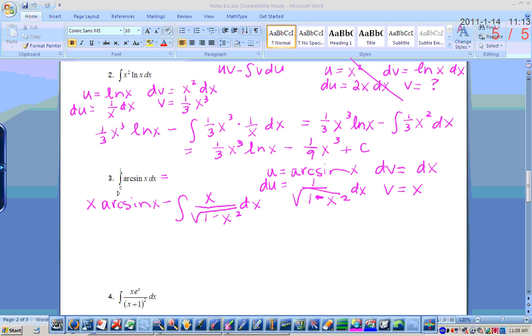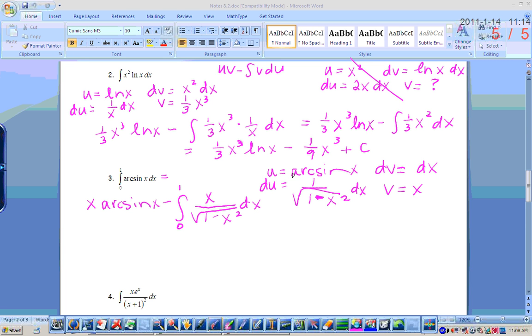Now, because I had limits of integration on the 0 to 1, I still have limits of integration of 0 to 1 here. And technically, right here, I should put in that I'm going to evaluate that from 0 to 1, or you can just wait until the very end. Once we've totally integrated everything, then we can plug in a 1 to everything minus plug in the 0. Okay, so x arc sine x, I'm done with that.